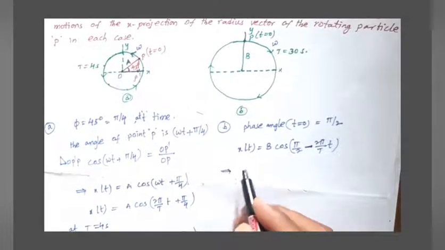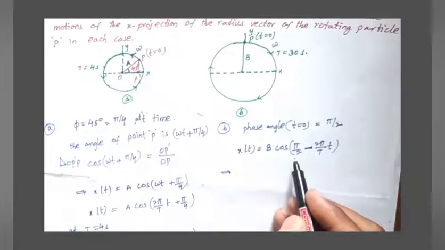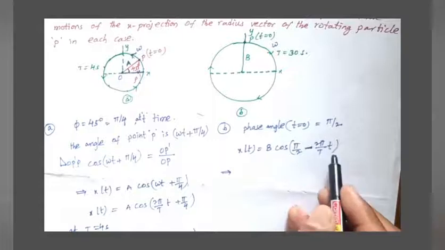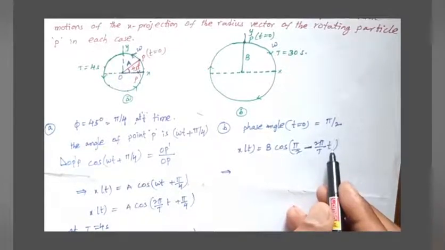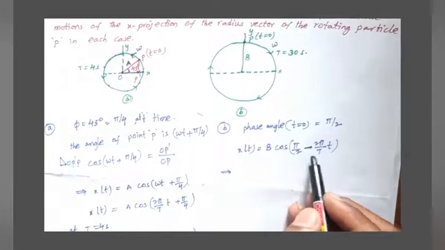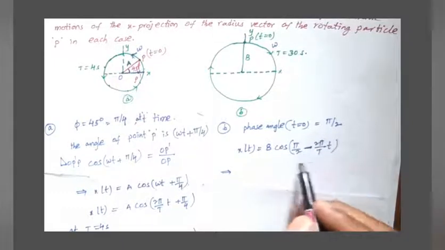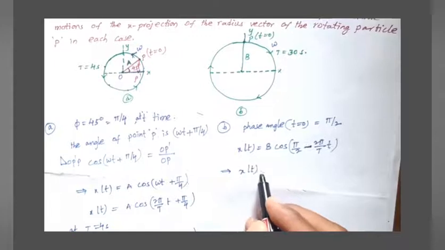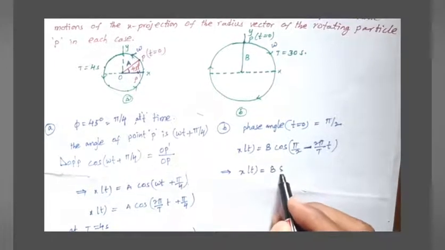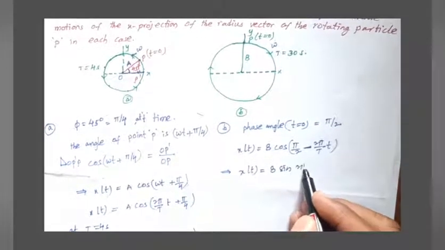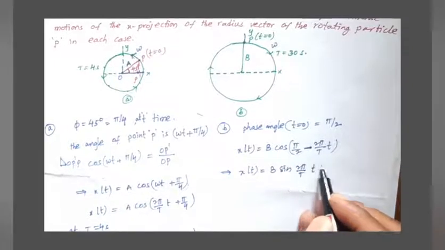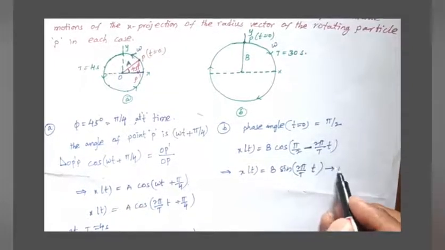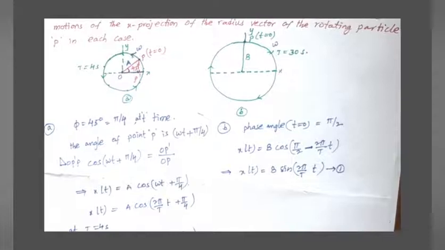Next, x of t equals b cos of pi by 2 minus 2 pi by T into small t. It is cos of 90 minus theta, which is sin theta. So x of t is written as b sin of 2 pi by capital T into small t. This is equation number 1.